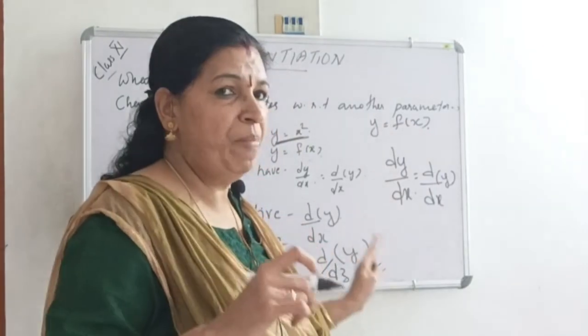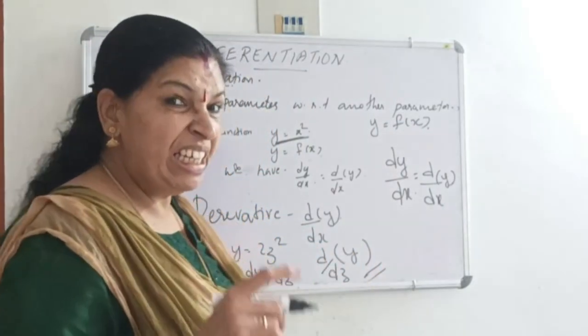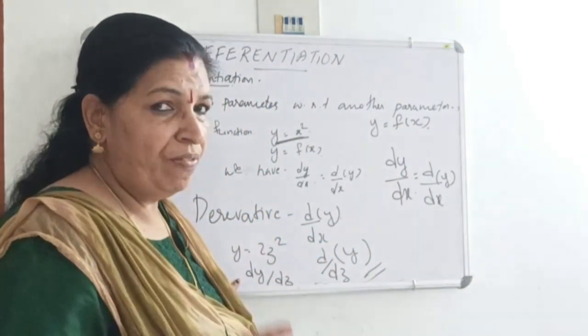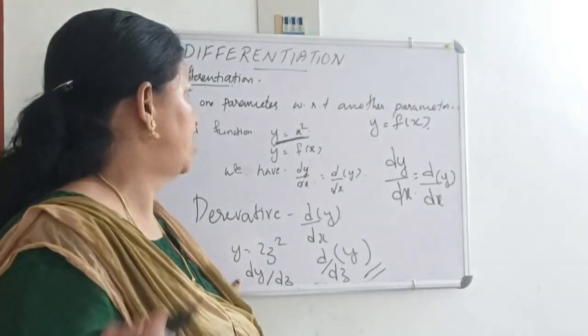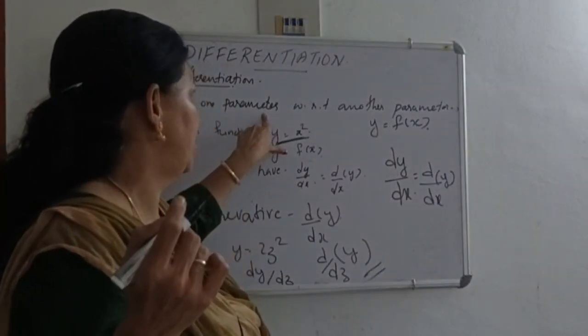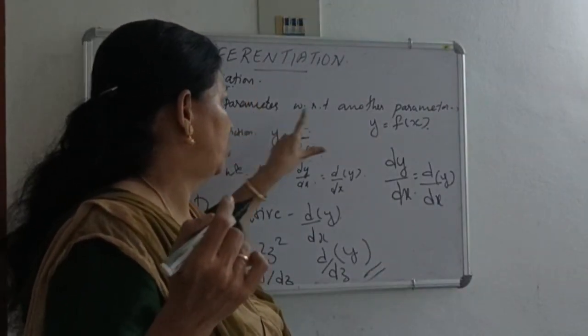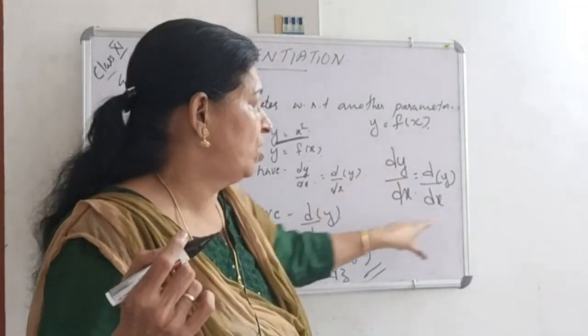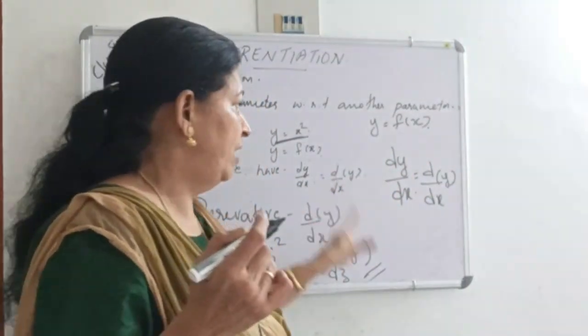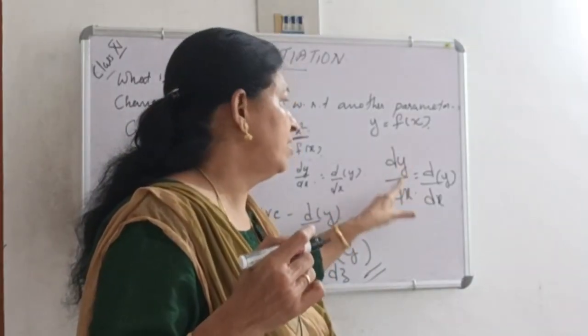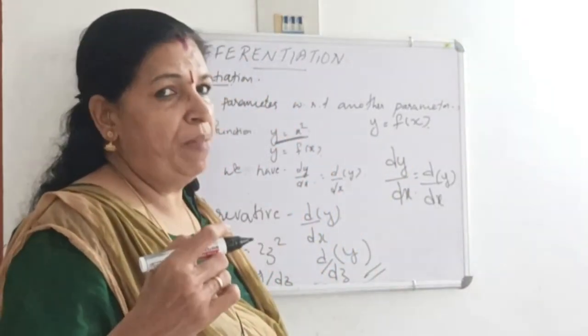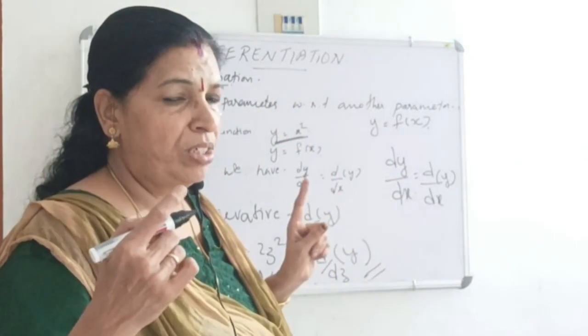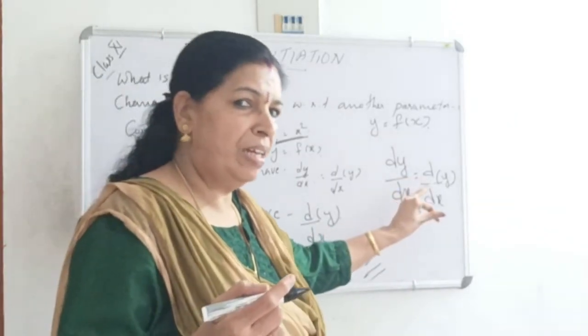That is, dy by dx is called the derivative of y with respect to x, the change in parameter y with respect to x. This process is known as differentiation, and d by dx of y is the derivative of parameter y with respect to the other parameter x.